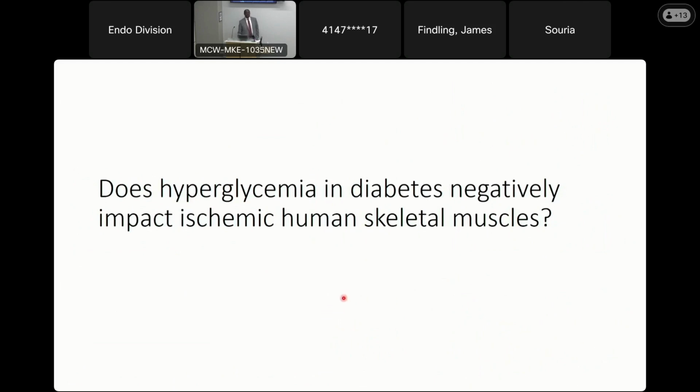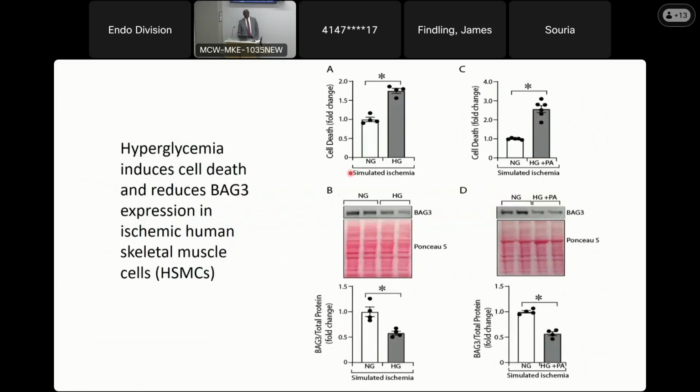So the next question we ask is, does hyperglycemia and diabetes negatively impact ischemic human skeletal muscles? And so we took primary human skeletal muscle cells and grew them under high glucose or high glucose plus palmitic acid to try to simulate what happens in a diabetic milieu.